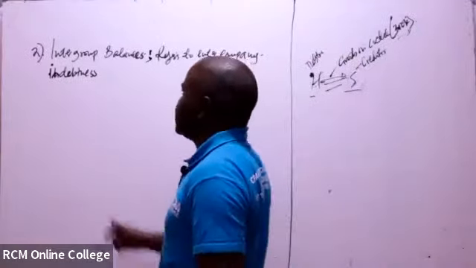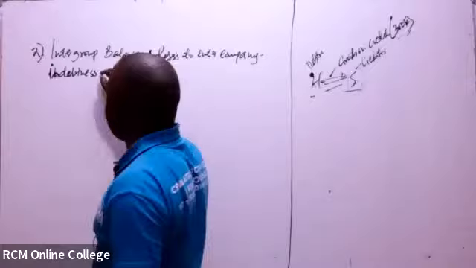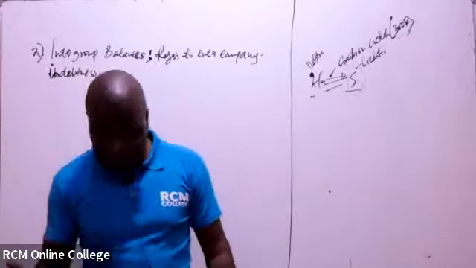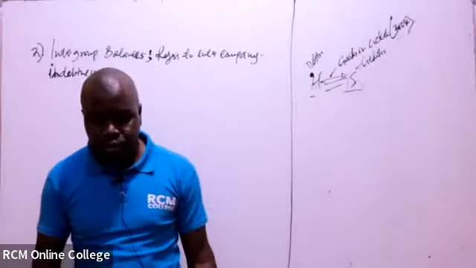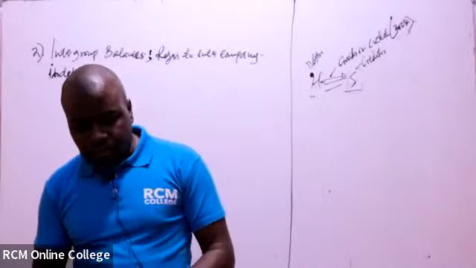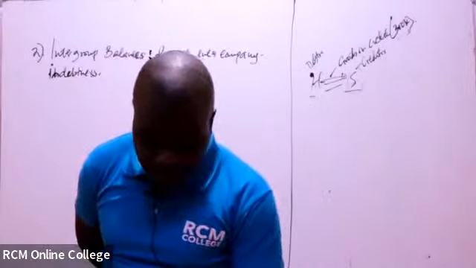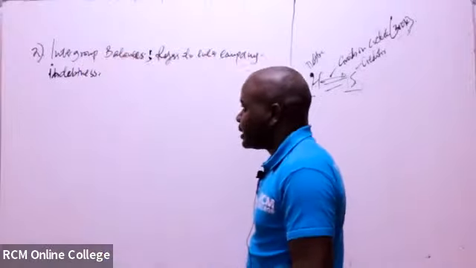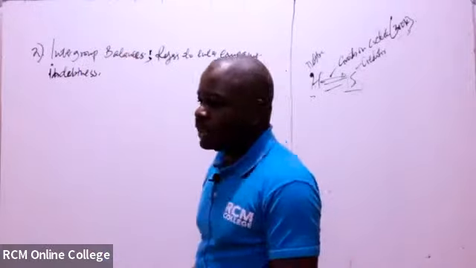So we call it intergroup balances. So how do we treat these intergroup balances? That is now the question. That is our main concern, for us to know how we treat the intergroup balances. It is a case where group companies owe each other.